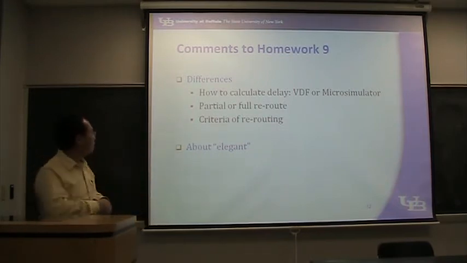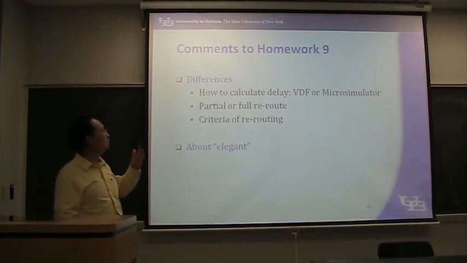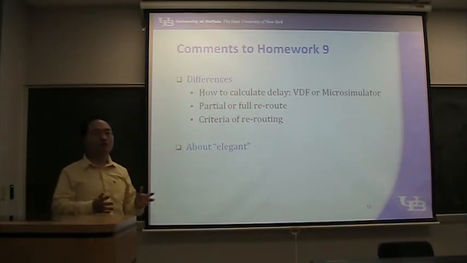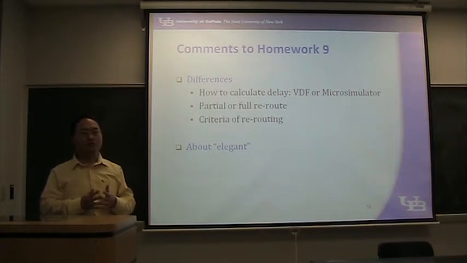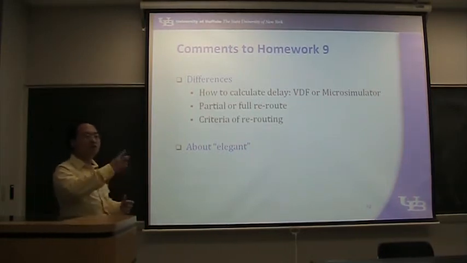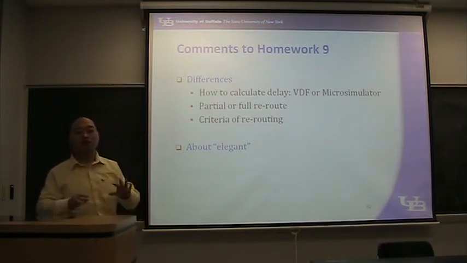So let me ask you a question. In the first, the router stabilization process, is it partial reroute or full reroute? Can somebody answer? Partial, because every time you use criteria, you select some households and you reroute them. What about the second one, macro simulator stabilization?